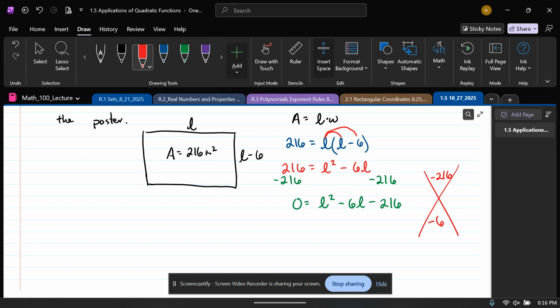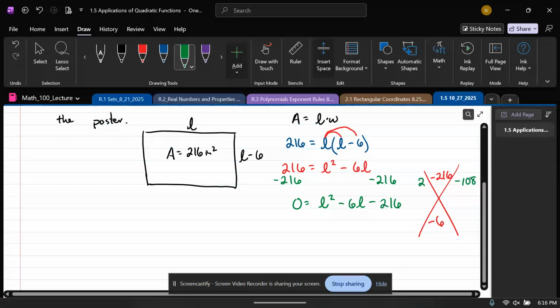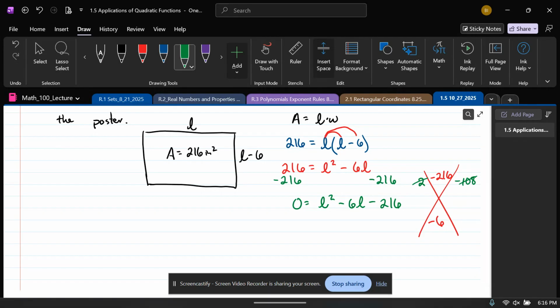Okay, so 216, I know 2 goes into it, so I'm going to start there. 2 and negative 108. That's way off. Not gonna go. So I'm going to try something bigger that goes into 216. I'm just going to make an educated guess here. Maybe 6. Does 6 go into 216?